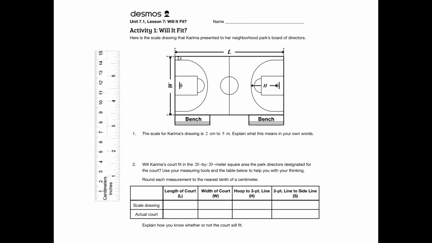So it says, here's a scale drawing that Karima presented to her neighborhood parks board of directors. The scale of Karima's drawing is 2 centimeters to 5 meters. Explain what this means in your own words. So what that means is that in Karima's drawing, every 2 centimeters represents 5 meters in real life.